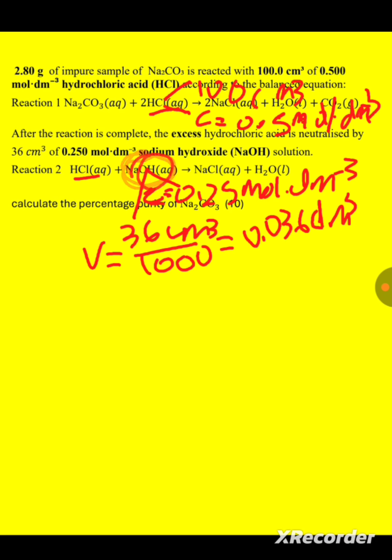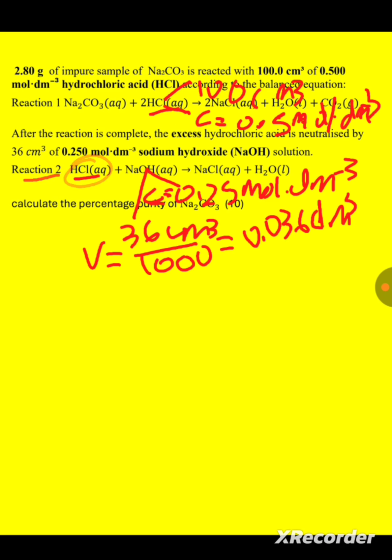Then use the ratio to get the number of moles of HCl. Then I use this information to get the number of moles of HCl. So I get the number of moles of HCl in reaction 1, and the number of moles of HCl in reaction number 2.